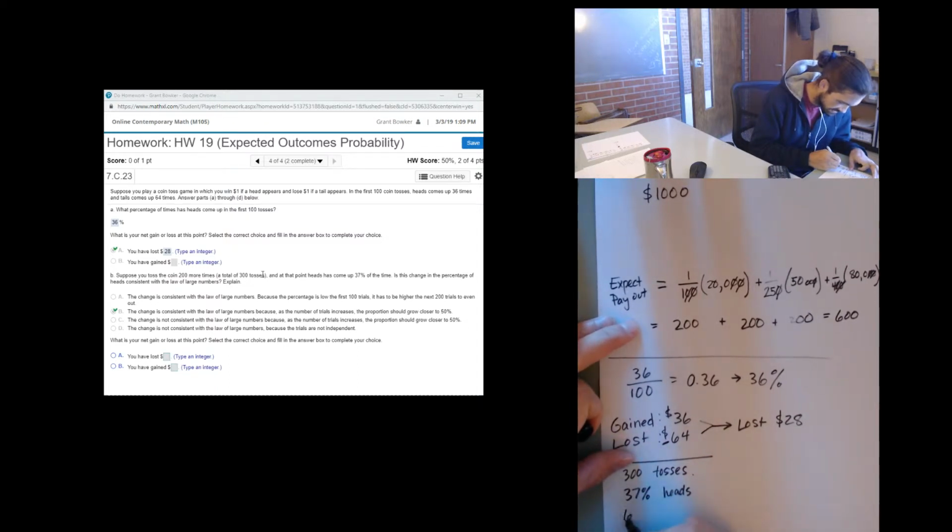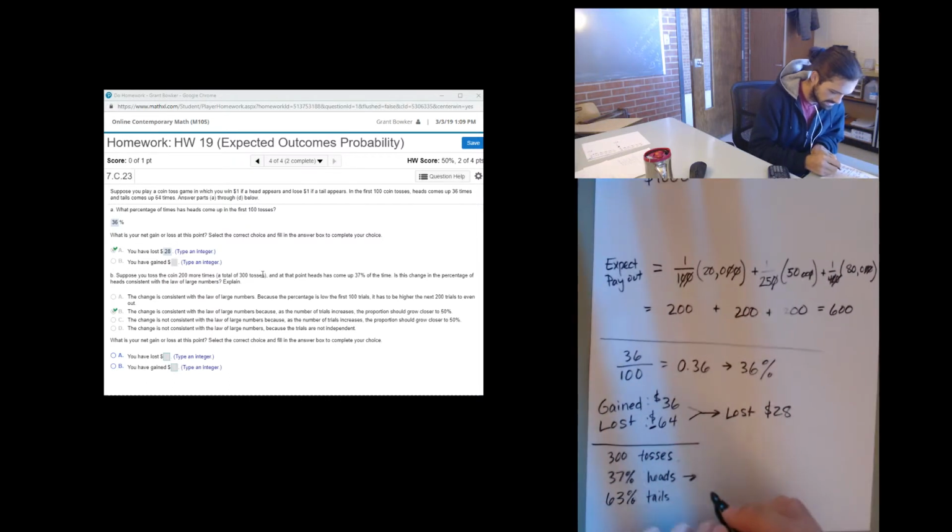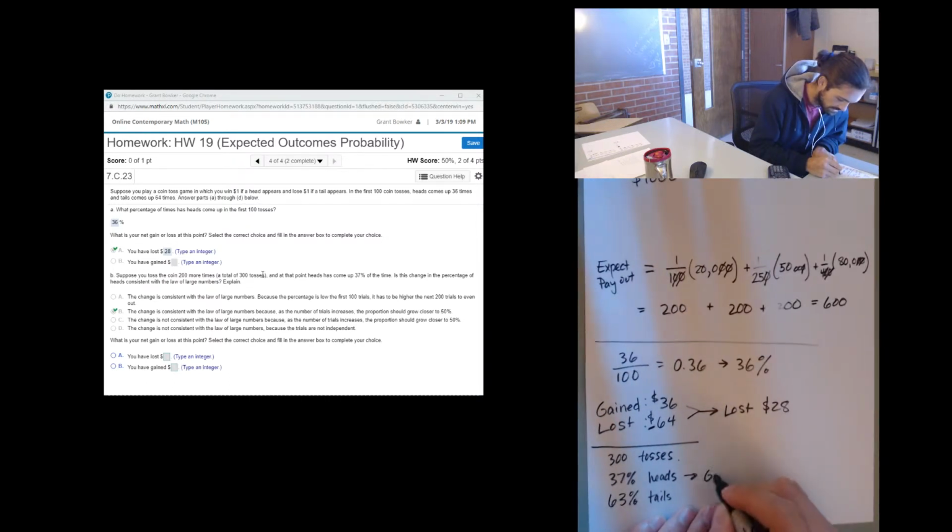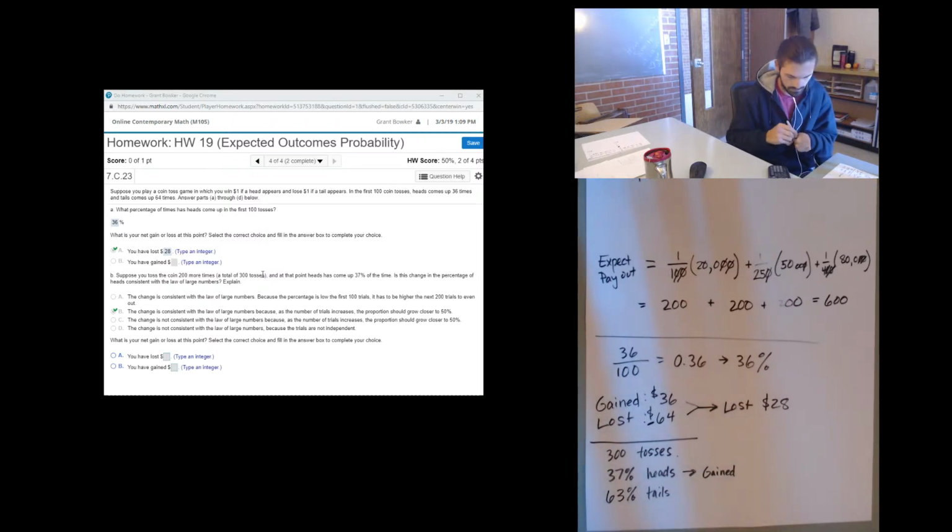Well, that would mean 63% were tails. 37% were heads. Well, we gained, to figure out what we gained, we need to take 37% of 300, so that would be 0.37 multiplied by 300.